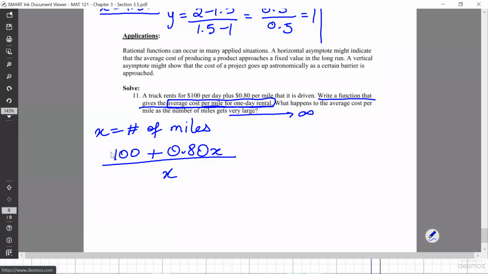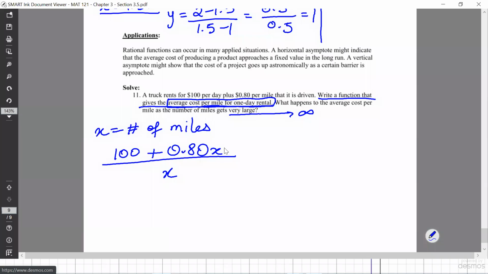So the degree of the numerator is same as the degree of the denominator, right? They're both x to the first power. And what do we know from our horizontal asymptote discussion when the 2 degrees are the same? It's the leading coefficient. Yeah, very nice.